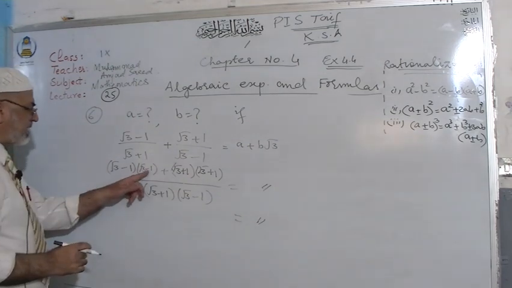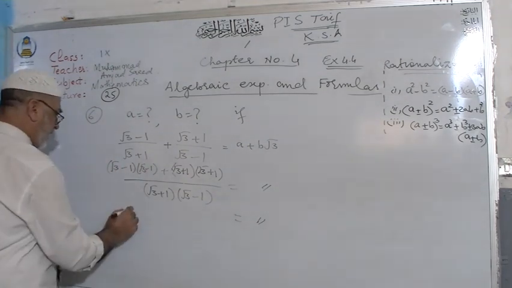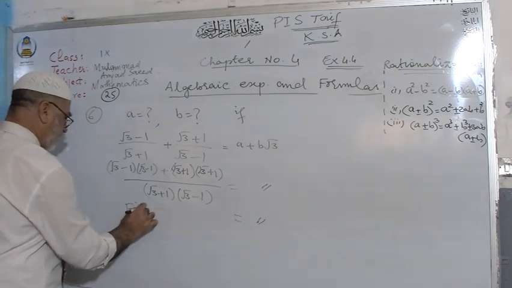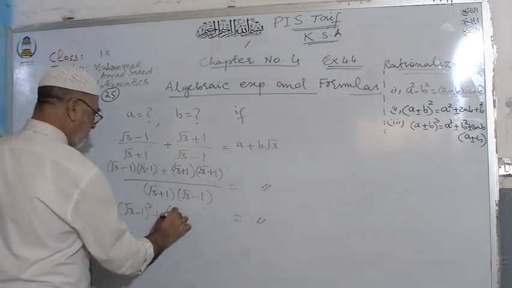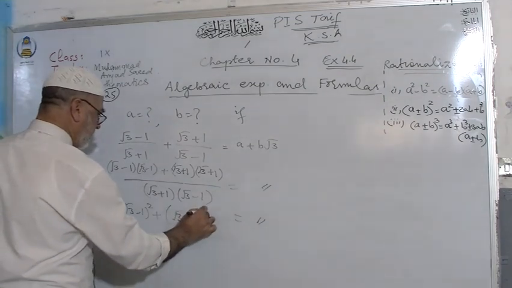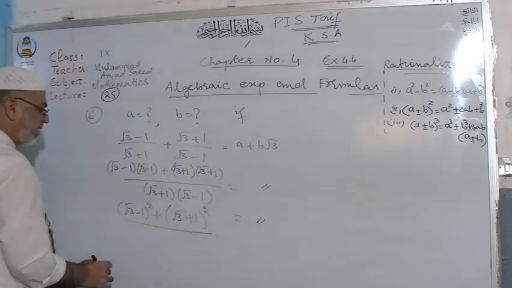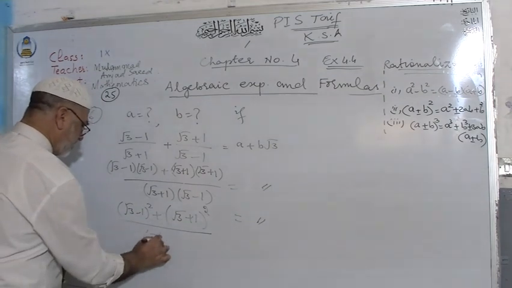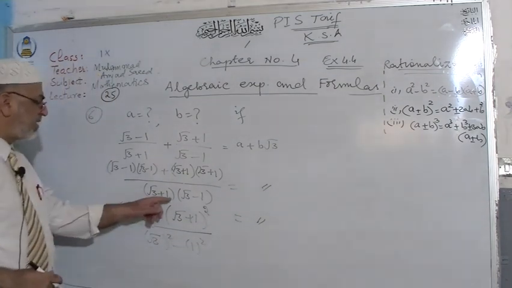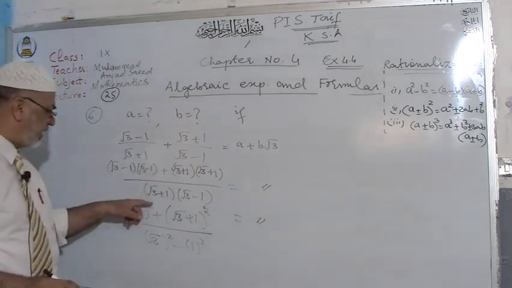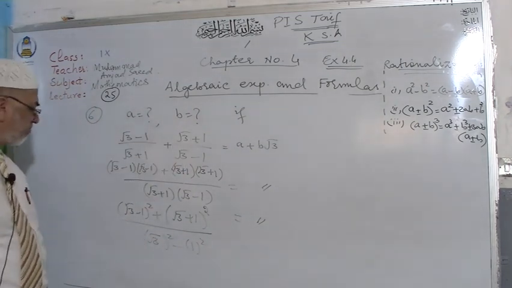Here you have same brackets with same sign. Root 3 minus 1 whole square plus root 3 plus 1 whole square, divided by first square minus second square. This is the formula: a plus b, a minus b, a square minus b square.